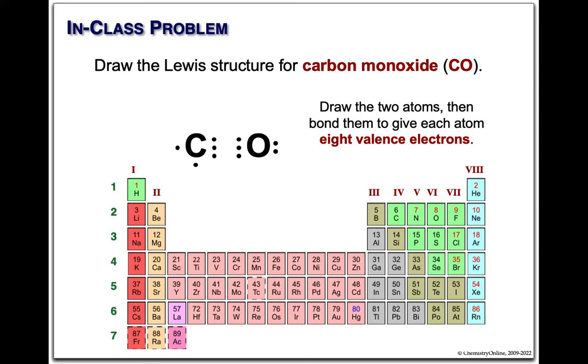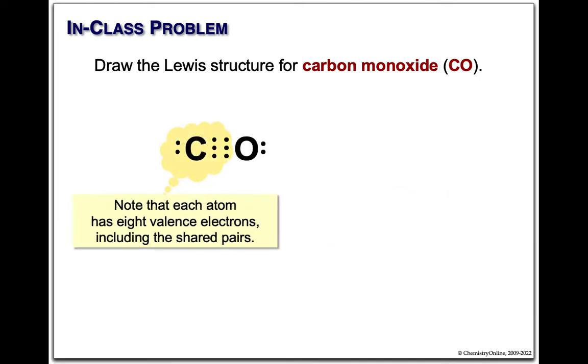Now everybody has 8, but there's one thing that's wrong here. An unshared electron like this makes the molecule very reactive. Electrons like to be paired up. So if you ever have leftover electrons like this, try your best to pair them up. So we're going to move this up here, and this is our final structure.